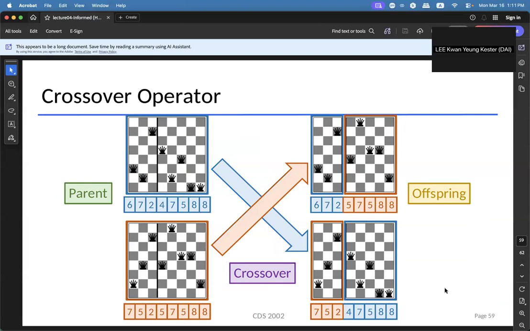In fact, you can consider the crossover action of the genetic algorithm similar to finding the neighbors of the current state.